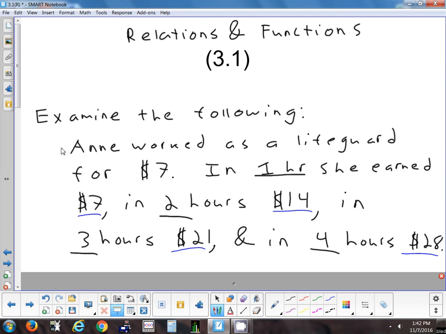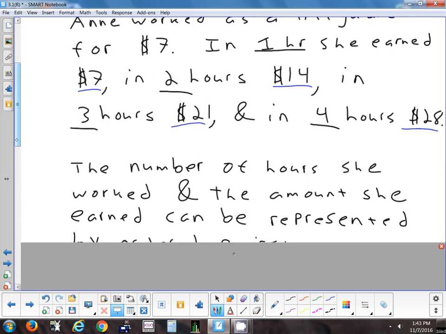Whenever you have two things you want to represent, what's a good way to do it? We just did that in the warm-up. If you want to represent two numbers together, how can you do that? Well, what are the things called that you graph? They're ordered pairs or coordinates. So each one of these sentences you can represent as an ordered pair.